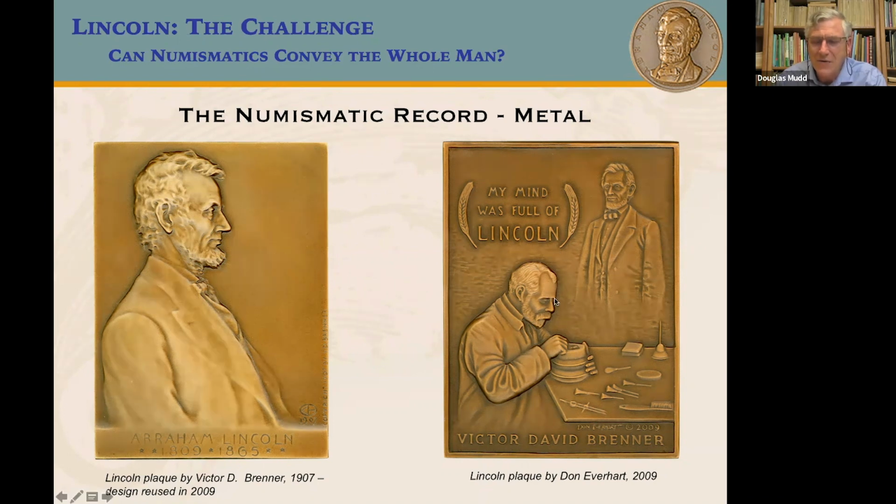I like the idea of Lincoln as the muse inspiring Brenner, and the image showing Lincoln, his upper body and his head, is in much better proportion than the previous one that Victor David Brenner had done.